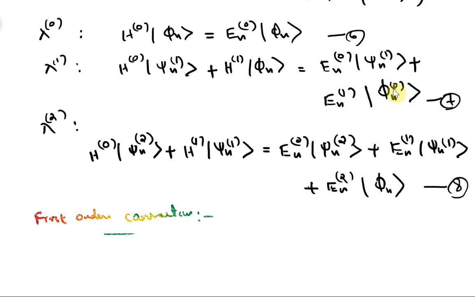Okay, there is no need of this zero. That's phi n, right? Otherwise you have to write it psi n0. So you are multiplying En1 with phi n here, and that is a term which has the first order correction of energy. So this is a quantity that you want to find out.